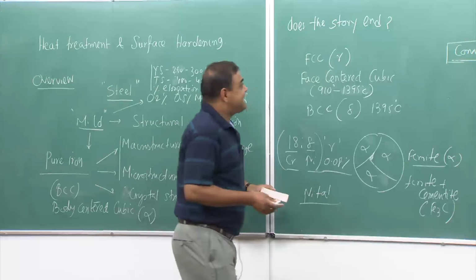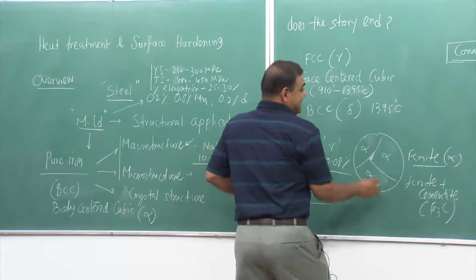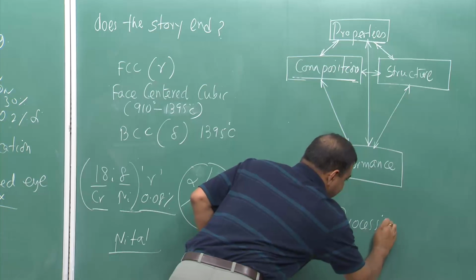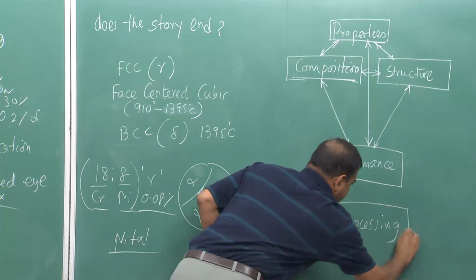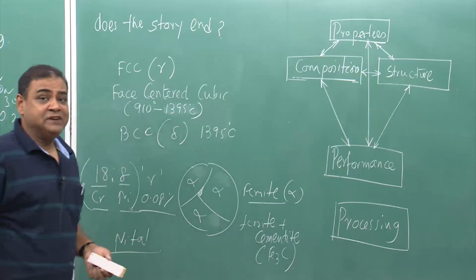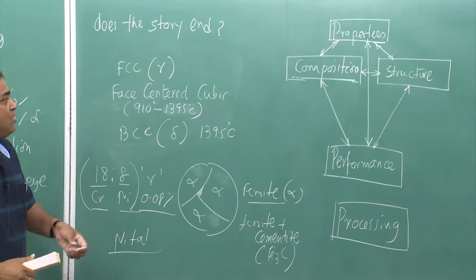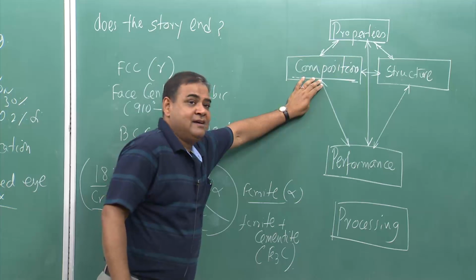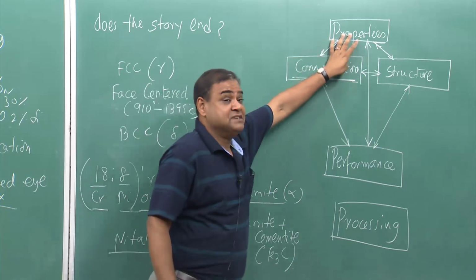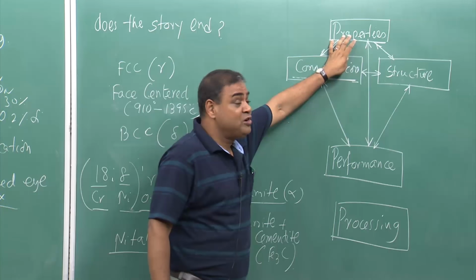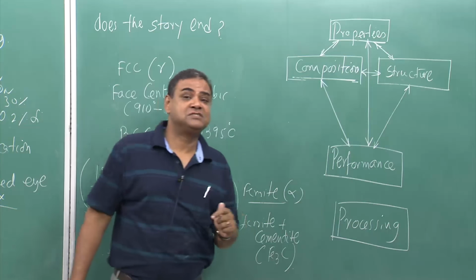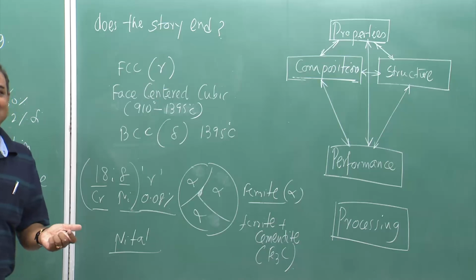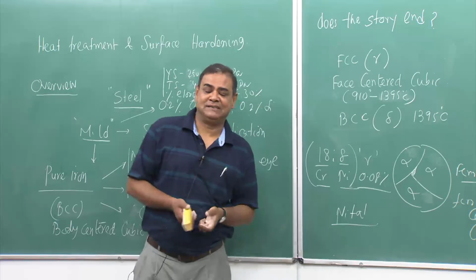Okay? And that processing, if we change the processing without changing composition, we can get different properties, and accordingly we can have a different performance. Now, we should see how we could do it.